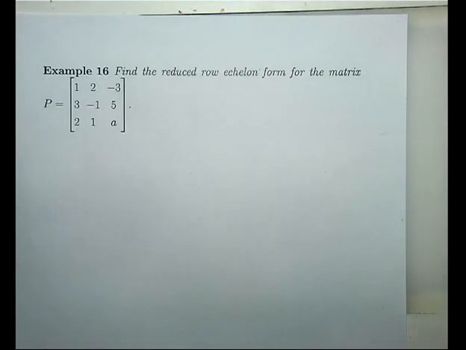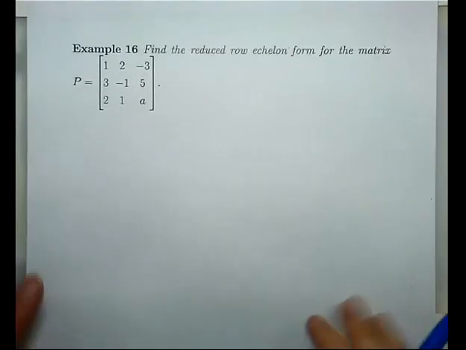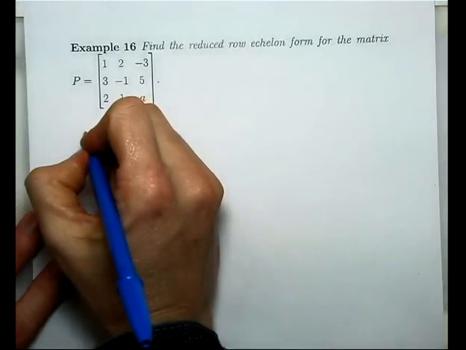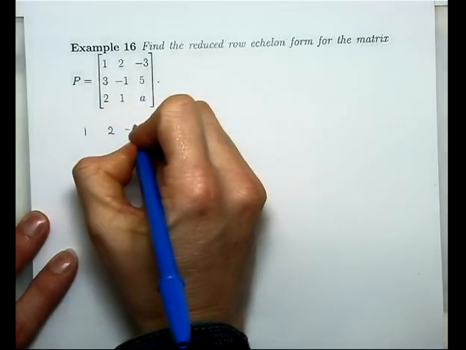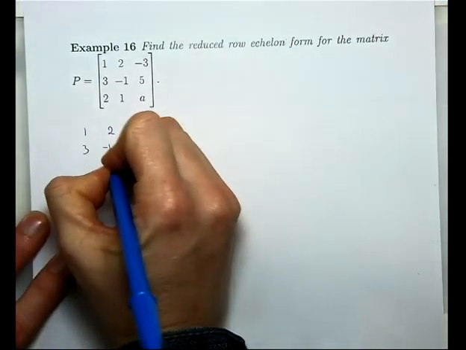All right, we've done 2 examples already. We're going to do this one. The difference with this one, it's got an A. We've got a letter in here. Let's be a little bit careful when we're doing things. Okay, reduced row echelon form.